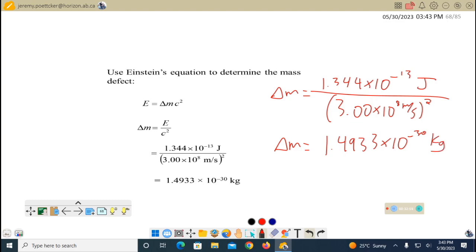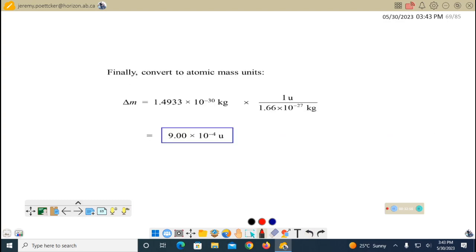We want to convert that into atomic mass units, so we're converting kilograms into U. Using our unit conversion from Physics 20, 1 U per 1.66 times 10 to the negative 27 kilograms, we end up right here, 9.00 times 10 to the negative 4 U.